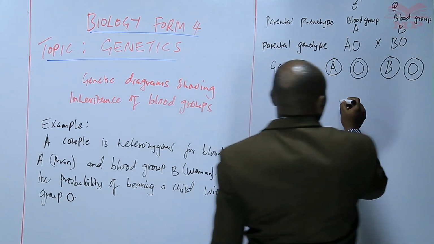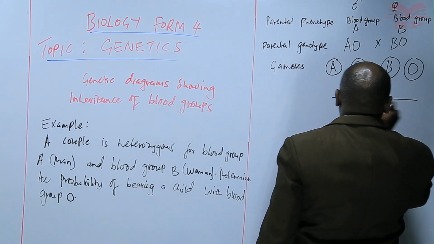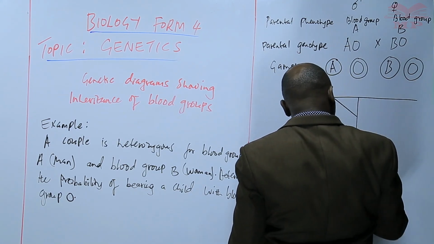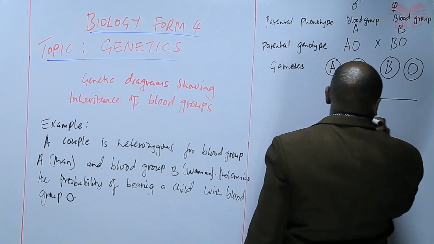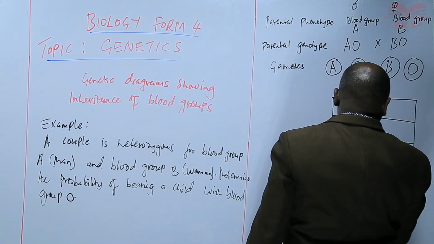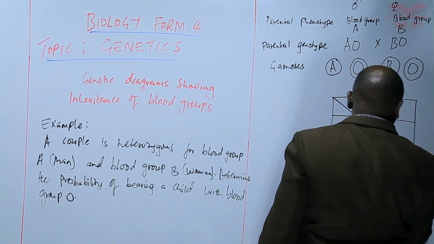And then we do the fusion using a Punnett square. Remember, we can also use a genetic cross diagram, but if we are told to use a Punnett square, we should use a Punnett square.